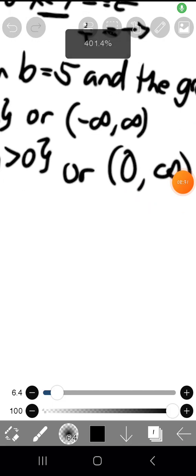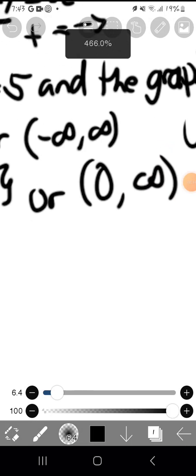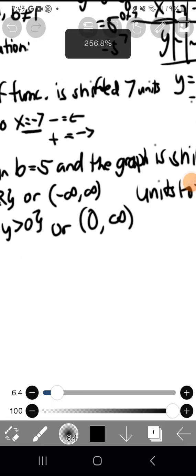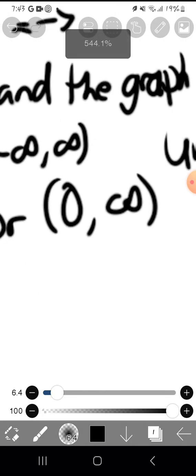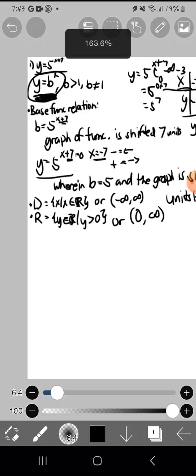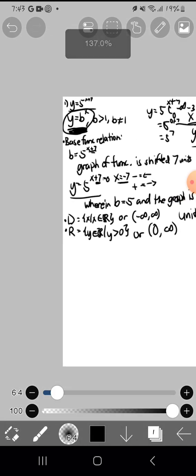Oh yeah, tama nga. Ito nga yung interval notation, bro. Nag-blank ako dyan. Parang nag-mental breakdown na yata ako. Pero yeah, 0 until positive infinity. Yan yung range.